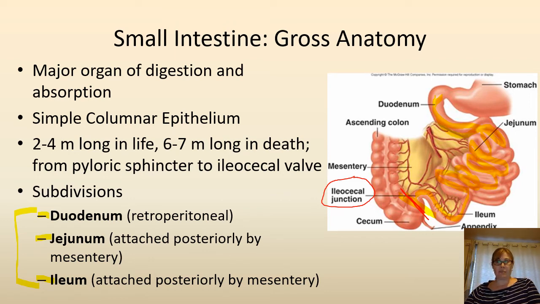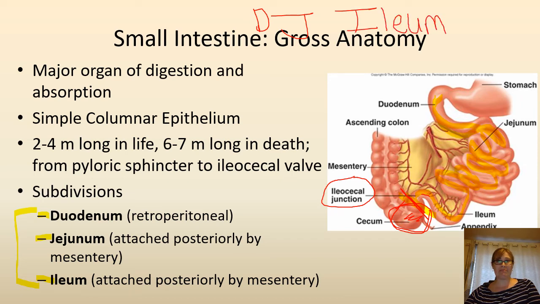This big thing is the large intestine, and the beginning of the large intestine is known as the cecum. So ileum, cecum. You can remember DJ ileum. So DJ ileum in the house. Sorry. DJ ileum is the order: duodenum, jejunum, ileum.